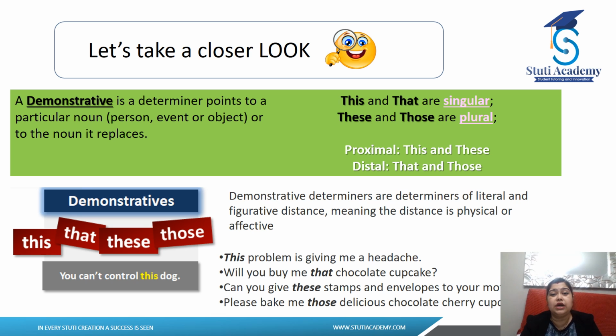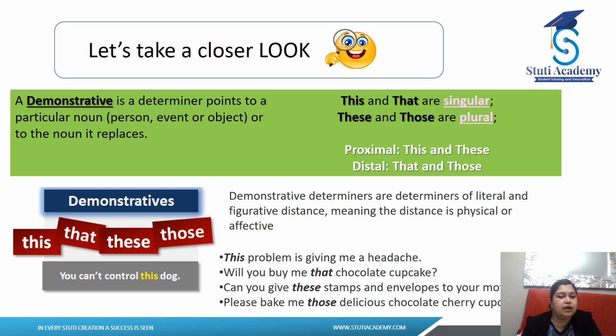So the words this and these are proximal. This is for singular, one particular thing, and these are for many things or many objects. Distal means away from you. And that is again for one particular thing or one object which is away from you. And those are for many, but still distal, away from you.